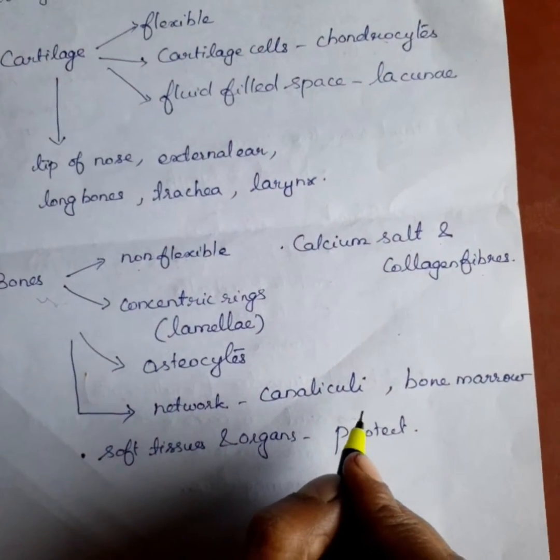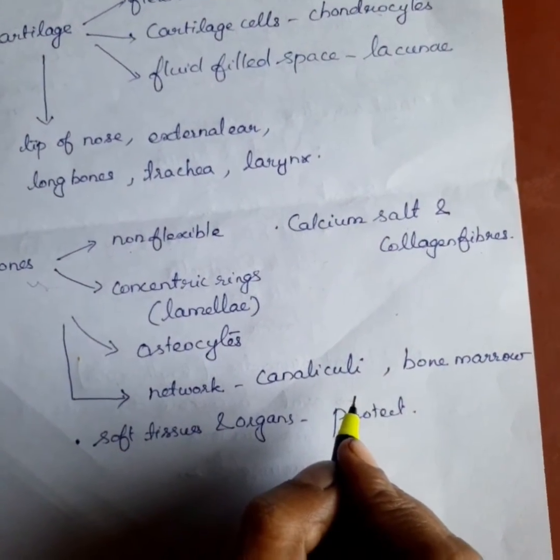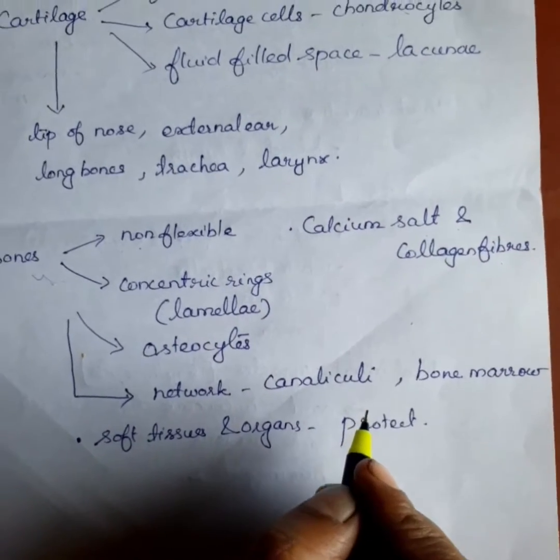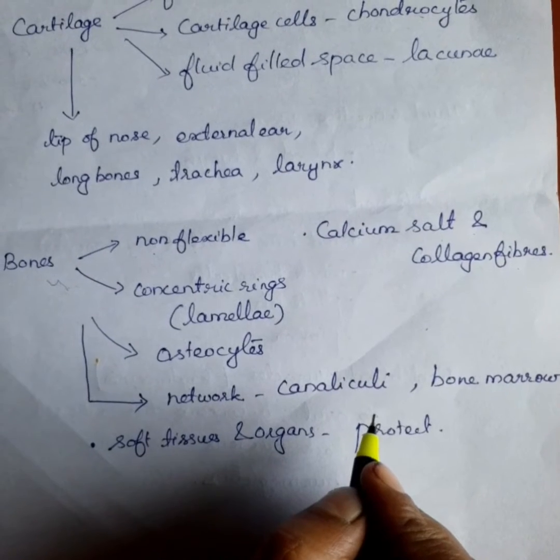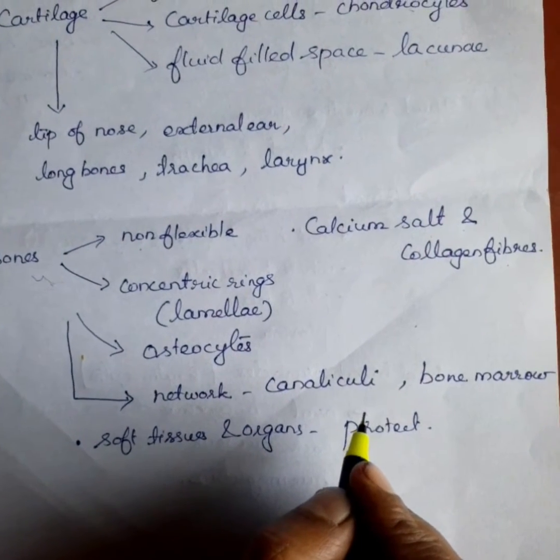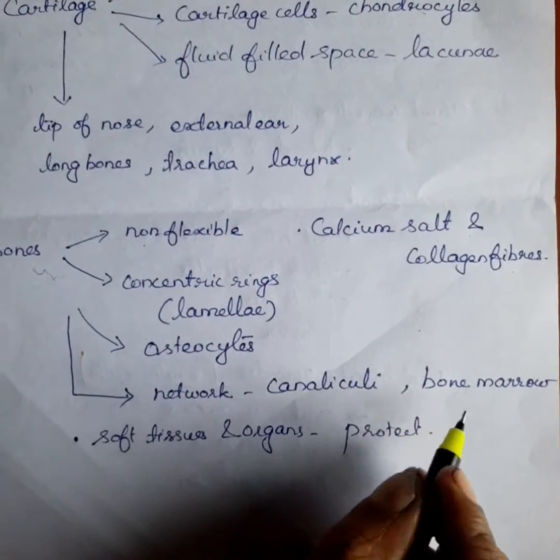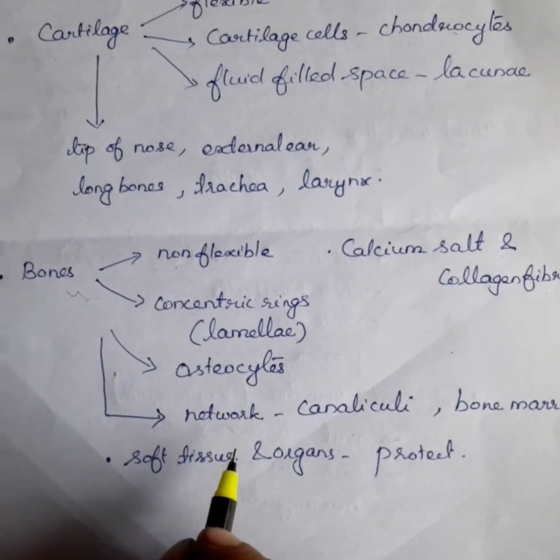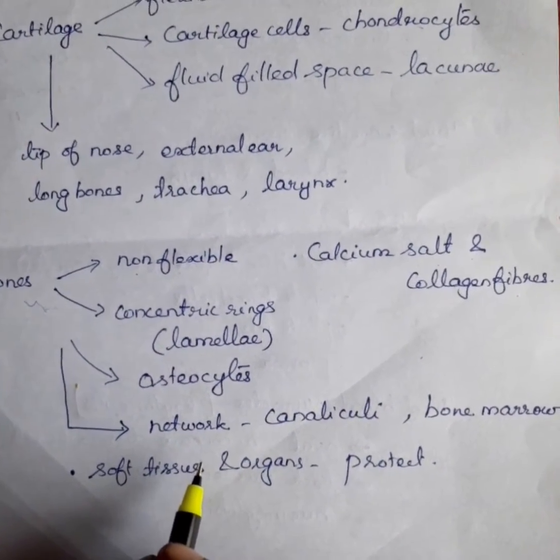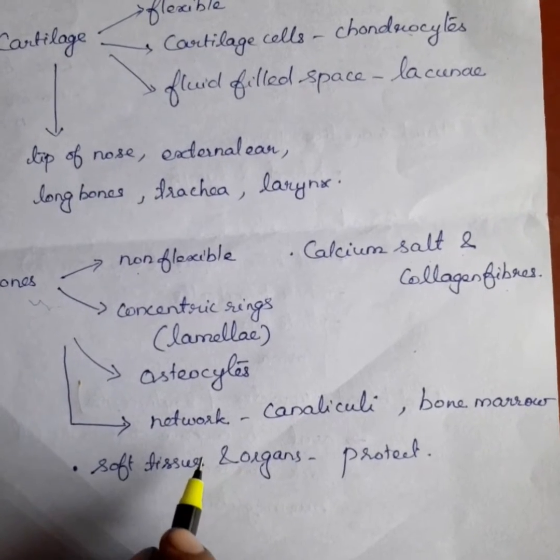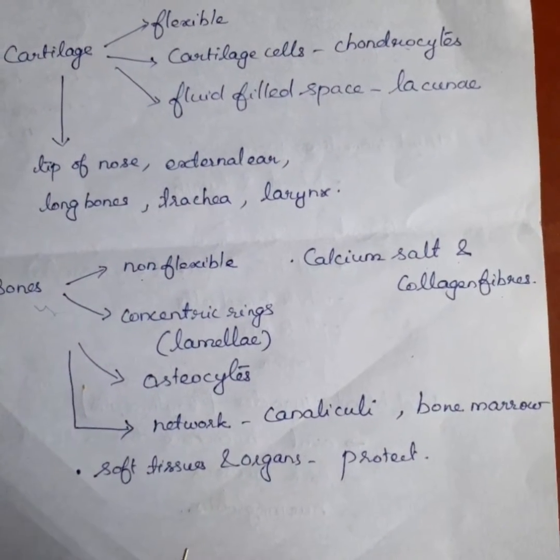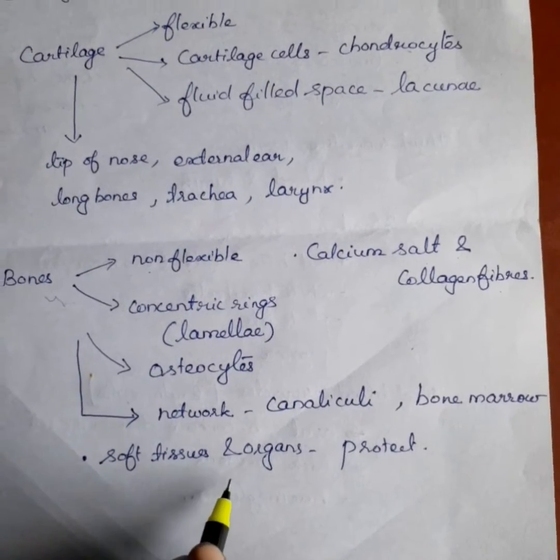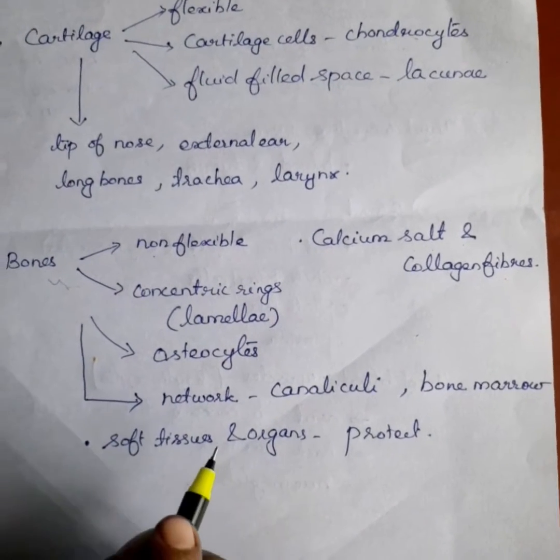The hollow cavities of the spaces are called marrow cavities, and they are filled with bone marrow. It provides the shape and framework of the body. The bones support and protect soft tissues and organs.